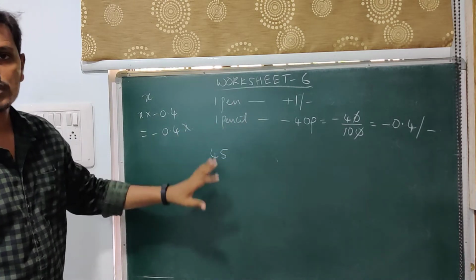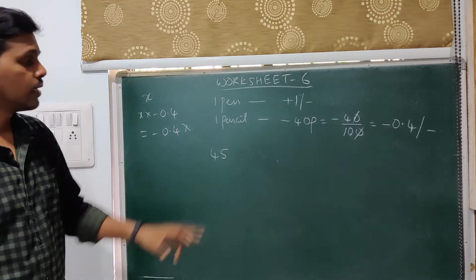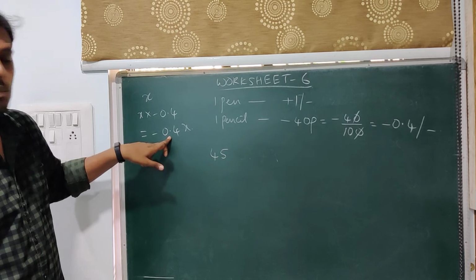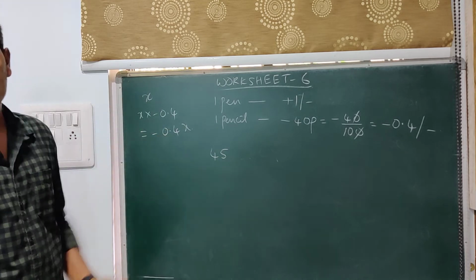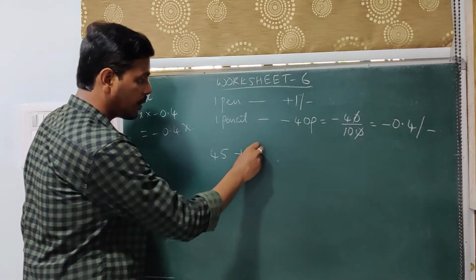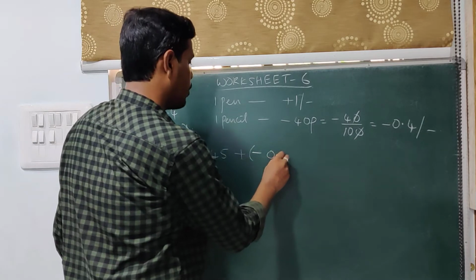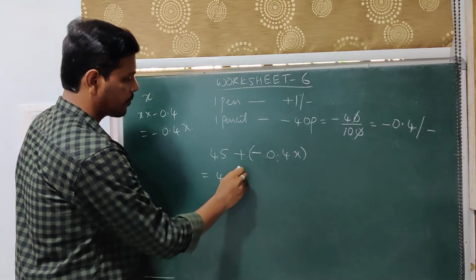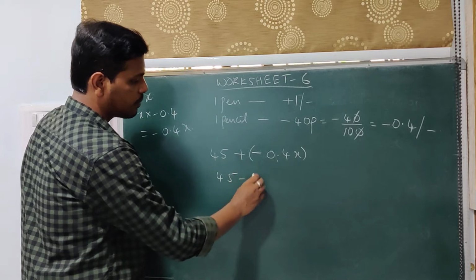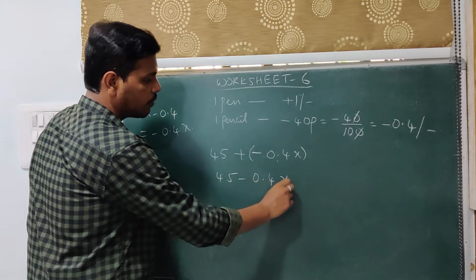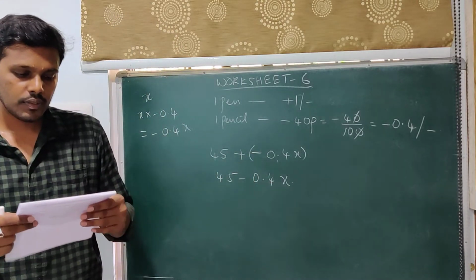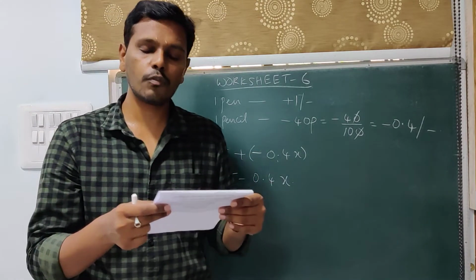Now we will see the total amount that she is getting. On pens she gets 45 rupees. On pencils she gets minus 0.4x. So the total amount is 45 plus minus 0.4x, which is 45 minus 0.4x. Now this is the amount she is getting. But it was given that she incurs a loss of rupees 5.